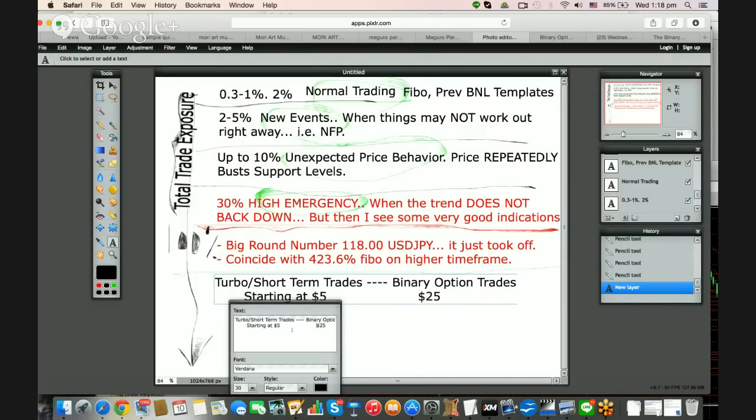We have a broker in our supported list that has $5 starting trades on binary option that's fairly reliable. But now I want to show you how this works out, because this is where it really matters.